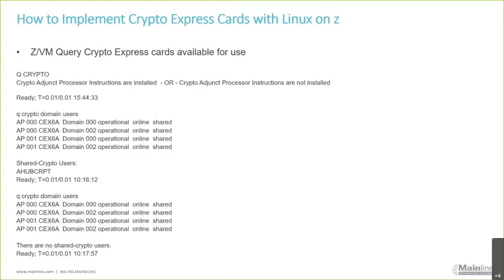If you want more details, you can do a QUERY CRYPTO DOMAIN USERS, and what this will show is both shared and dedicated resources. In this case, I don't have any dedicated resources at the moment. But what this shows is that my one user ID out there, the AHUBCRYPT Linux guest, has access to those shared resources.